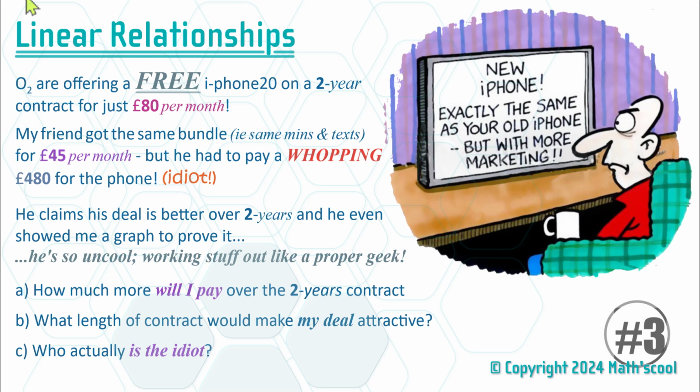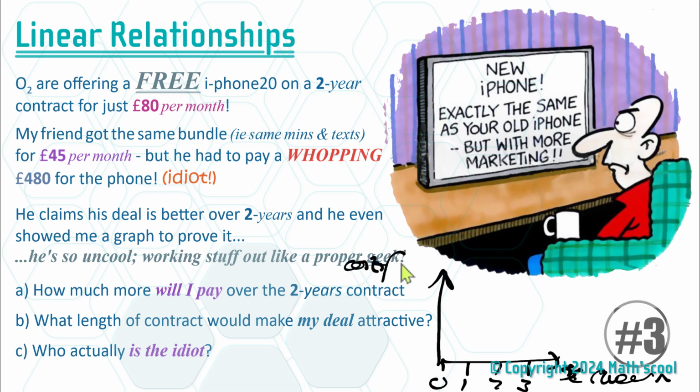You might want to use, because this is going to run into quite a lot of money, a scale like this on your grid. You might want to use x as the months, and to use 0, 1, 2, 3. And then y is going to be how much you spent. So this is going to be your cost in pounds. But you might as well do it in hundreds of pounds.